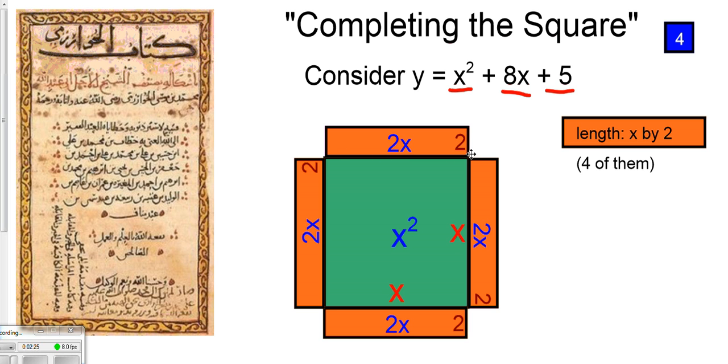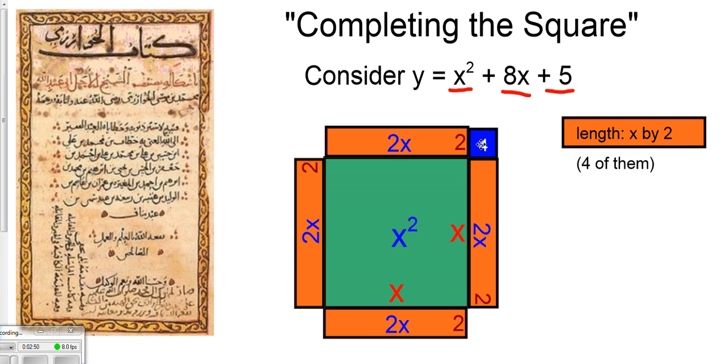If this is x and this is 2x for the total area, this has to be 2 and this has to be 2. Meaning, if I want to show an entire square, one full square here, notice I'm missing those corner pieces. So I need to fill in those corner pieces with little chunks like this.